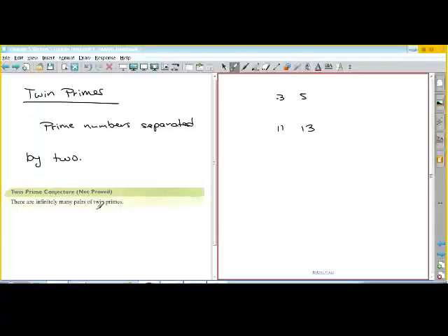Those are twins. It says there are infinitely many twin primes. So no matter how big a number you get, you can always find instances where there are two prime numbers that are only separated by 2 units. Now, probably all the other ones, they generally get spread out more, but you never get to too large a number where you don't at least get twin primes happening.